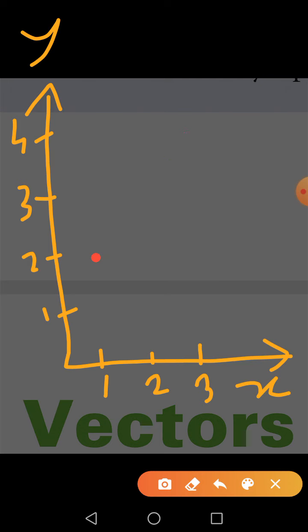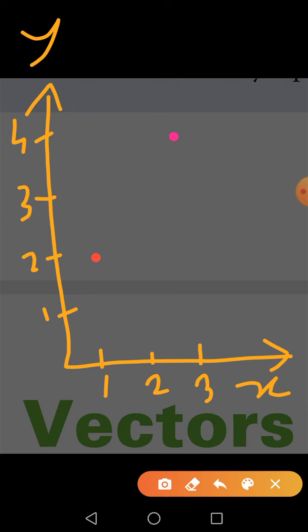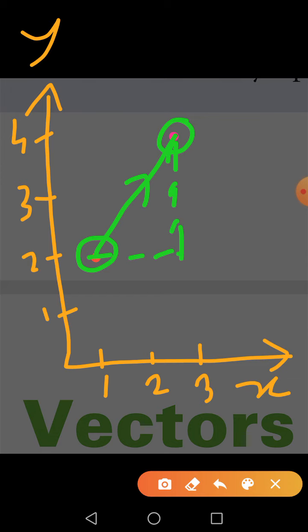Either at first you can move along the x axis, and then you walk along the y axis, or you move from here to here directly. These are the two possible ways you can move from this point to this point. But let's see whether they give the same result or not.